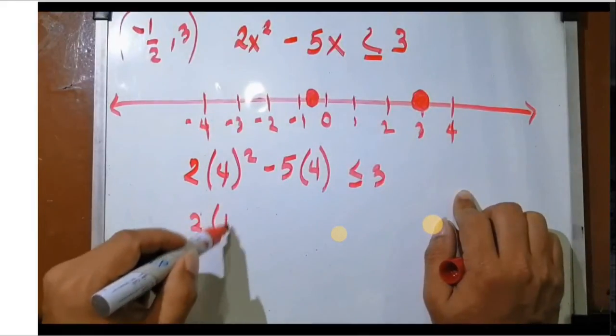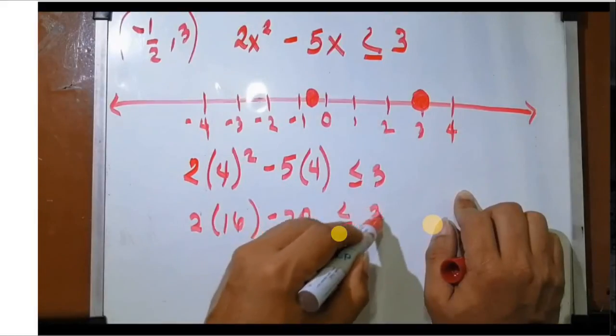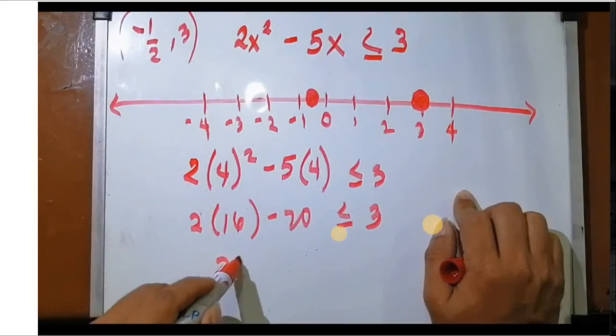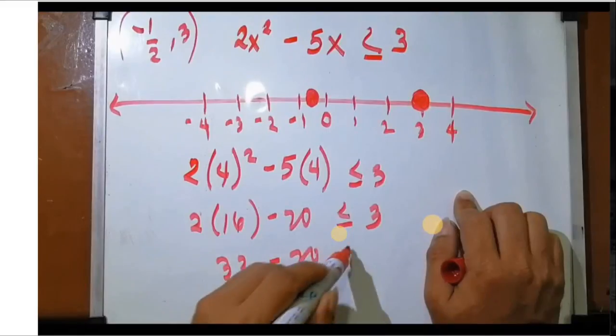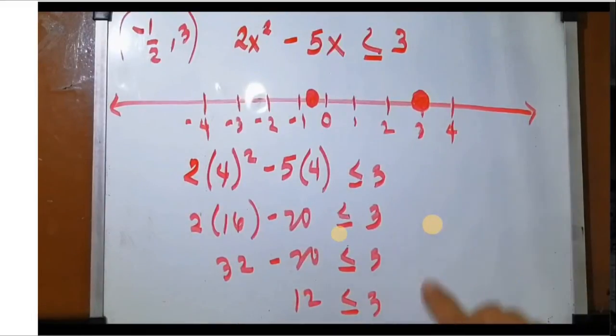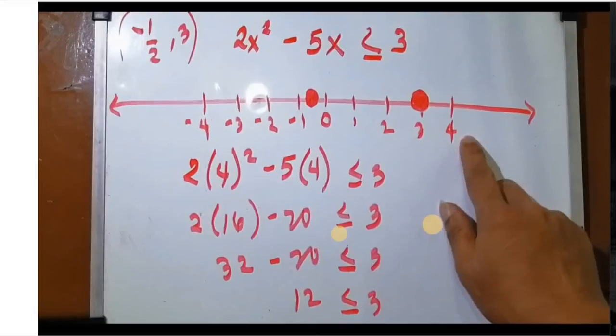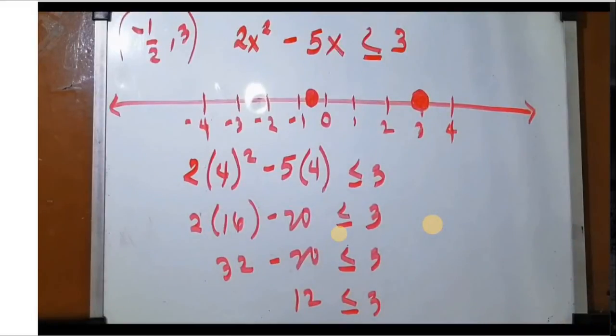So, 2 times 16 minus 20 is less than or equal to 3. So, that's 32 minus 20, which is 12, is less than or equal to 3. So, dito, si 12 ba mas maliit kay 3? So, false. Ibig sabihin, si 4 ay hindi kasama sa solution.